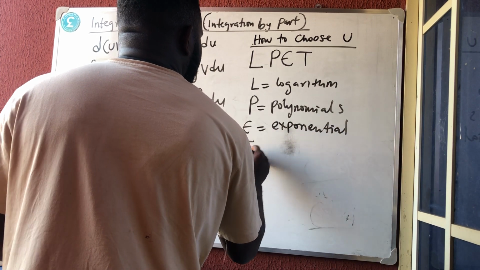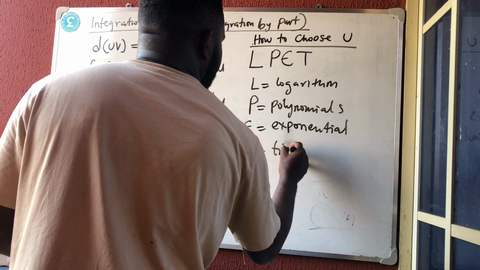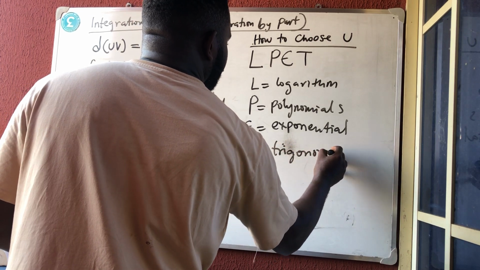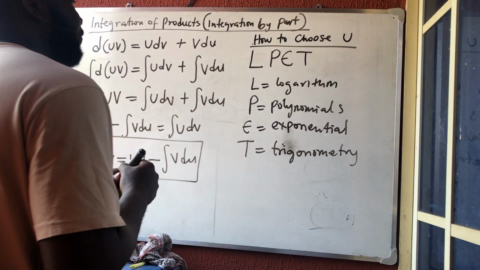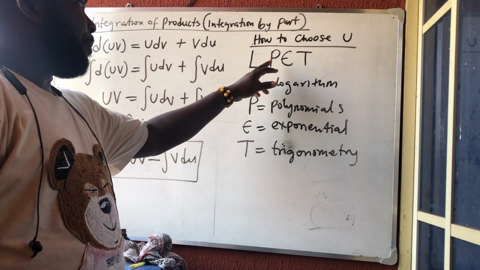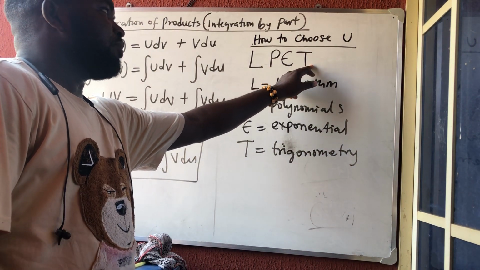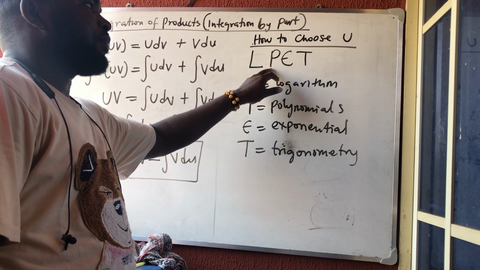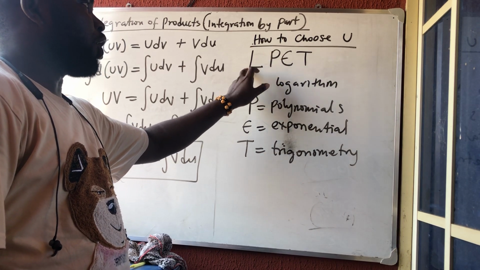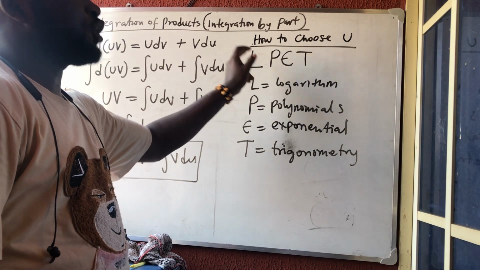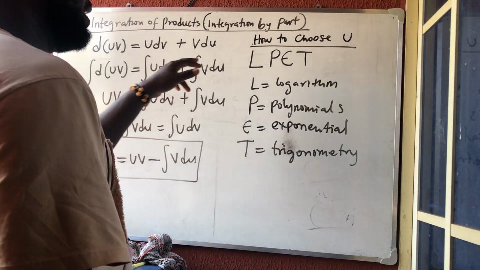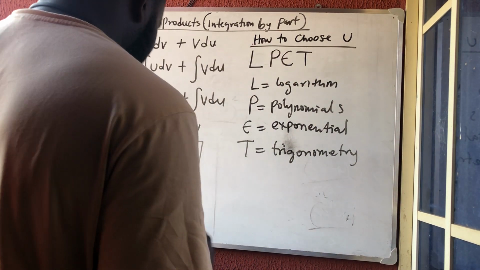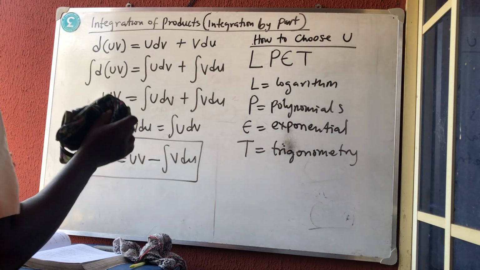Then finally, trigonometry. So if I have a combination of polynomial and trigonometry, it means that my u must be polynomial. If I'm having the combination of logarithm and trigonometry, my u must be logarithm. So remember it by ladies like pets. That is how to remember it.